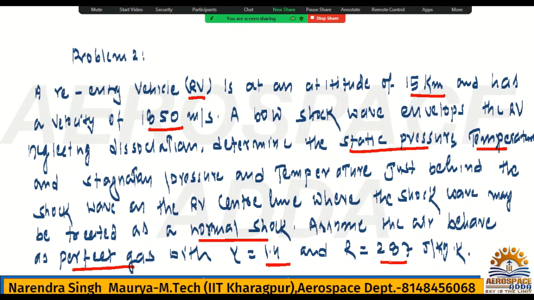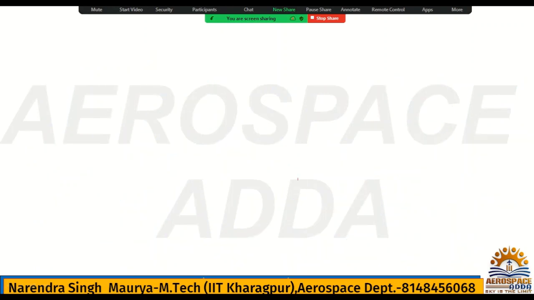Now check: it's a re-entry vehicle, so this is the ground station where it is going to return back. The shape will be like this.